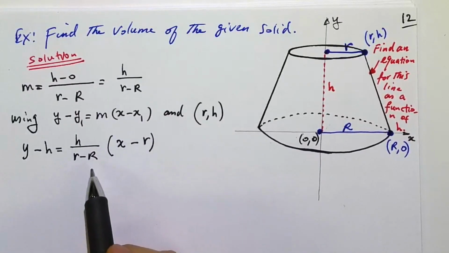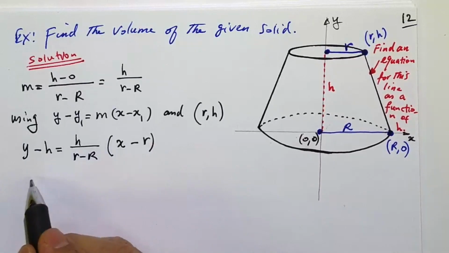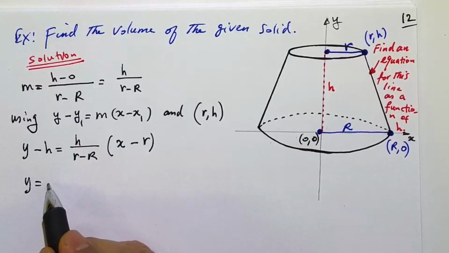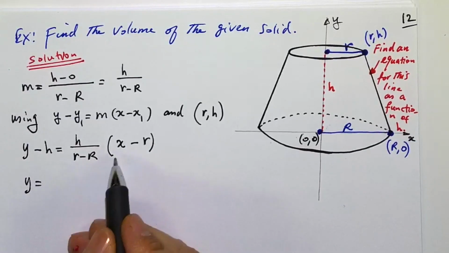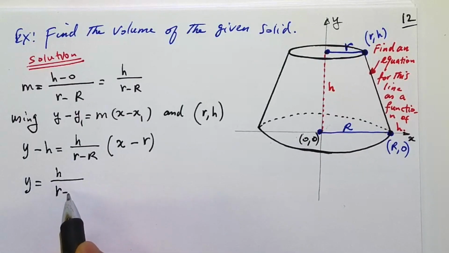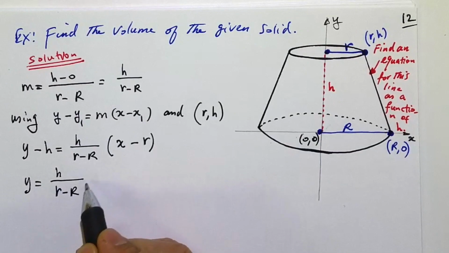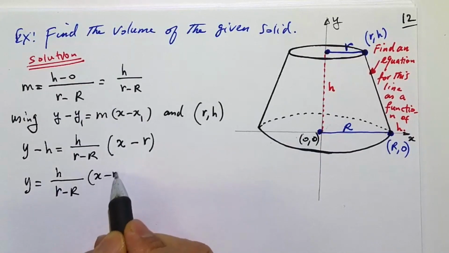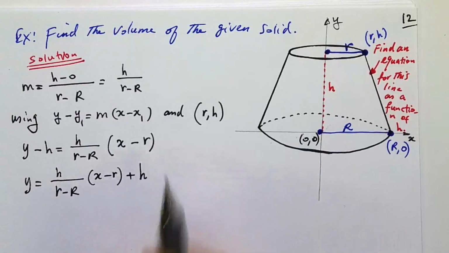So this will lead to y equals all of this plus h, right? So h over lowercase r minus capital R times x minus r plus h.